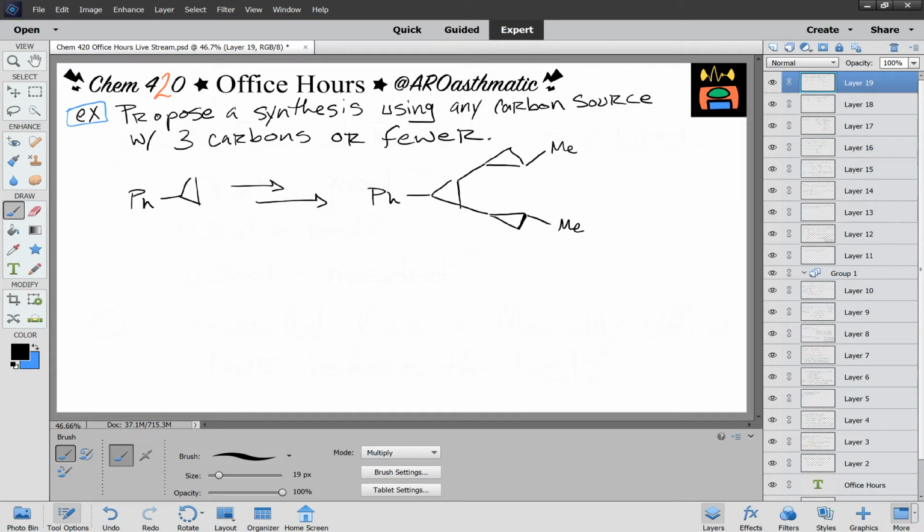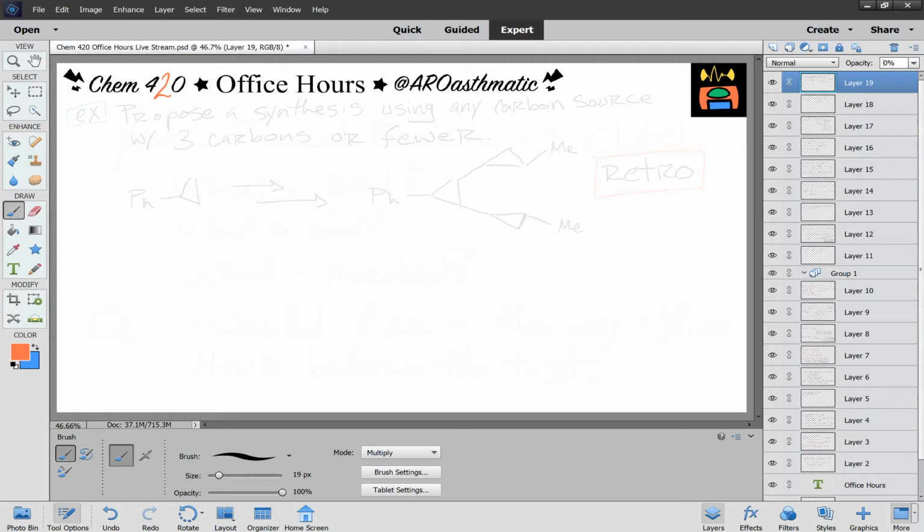Okay, so let's figure this situation out. Again, we are going to use the retrosynthetic method. To do so, I'm going to redraw this on the next slide just because I know we're going to run out of room really fast.